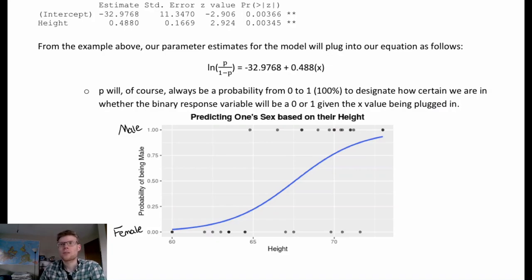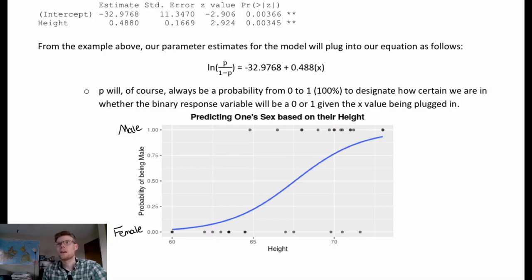So given a particular height, given this data that I've observed, I can model what I think the likelihood of somebody being biologically male would be given that height value, using this data as my model fitting start for that.